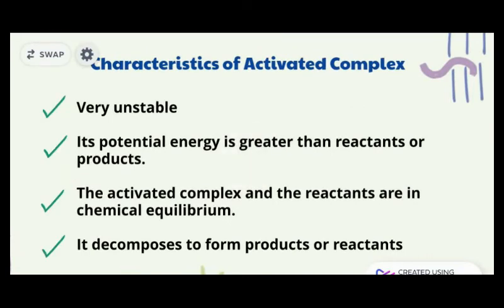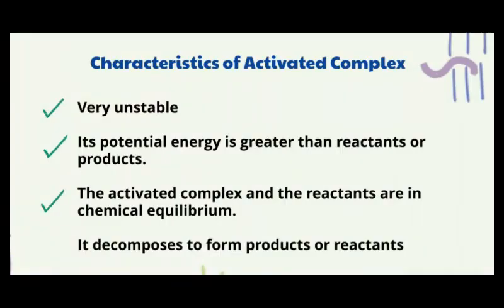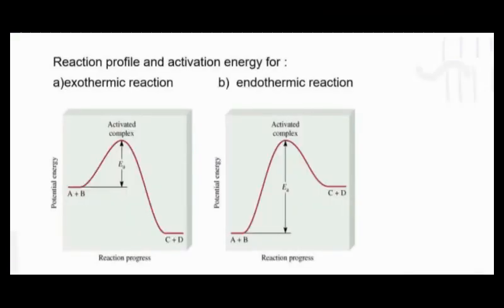Its potential energy is greater than reactants or products. The activated complex and the reactants are in chemical equilibrium. It can decompose to form products or reactants. On the screen right now are the energy profile diagrams for endothermic and exothermic reactions.